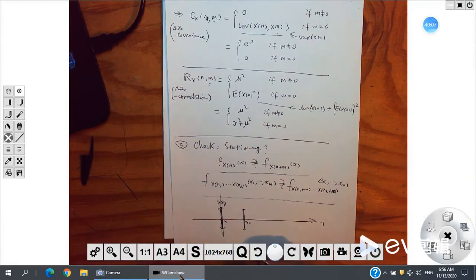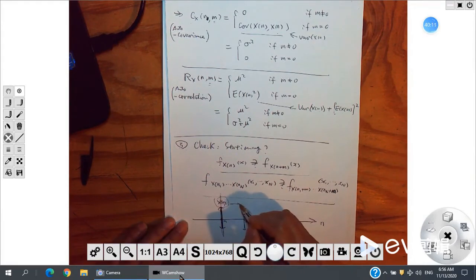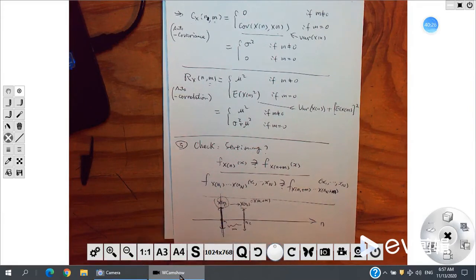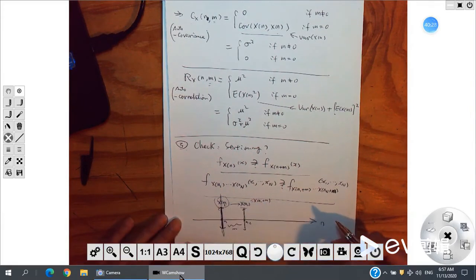Then you consider the distribution. The distribution of this one, you shift it by m, you add m here, you have x of n2, which is x of n1 plus m. You change this to be this one. Do they have the same distribution? This is one thing, right?